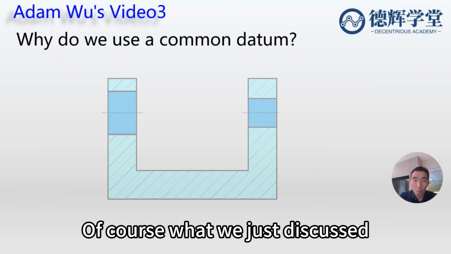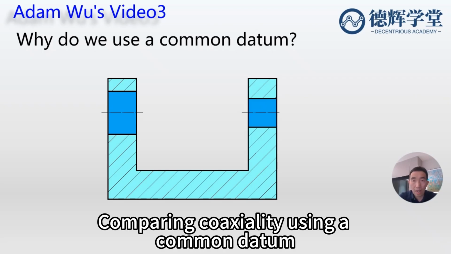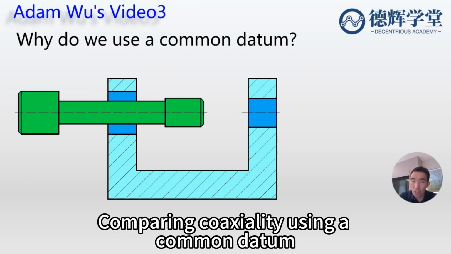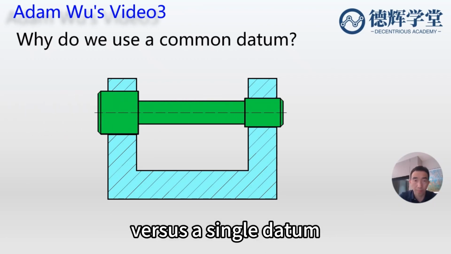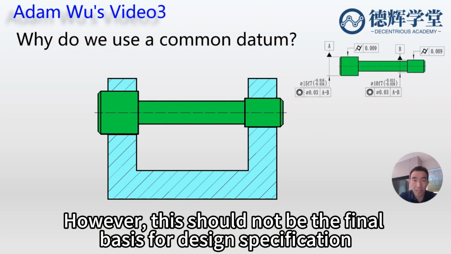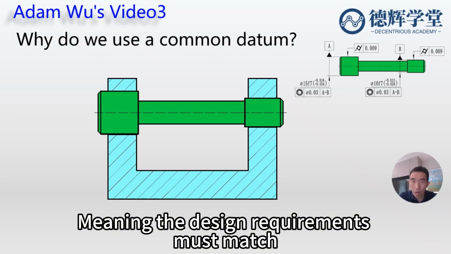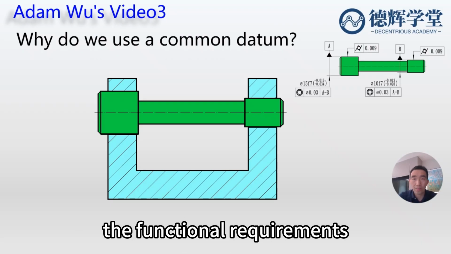Of course, what we just discussed was from a manufacturing perspective, comparing coaxiality using a common datum versus a single datum. However, this should not be the final basis for design specification. The designer's decision must be based on function, meaning the design requirements must match the functional requirements.